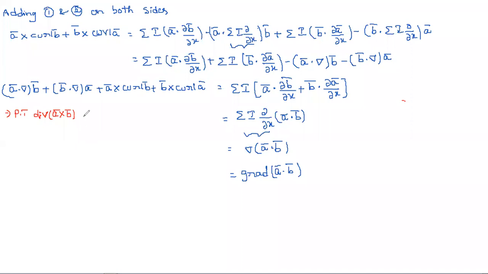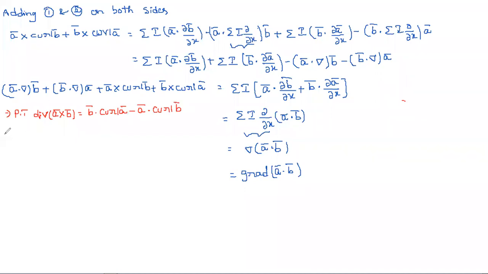Prove that divergence of a bar cross b bar is equal to b bar dot curl a bar minus a bar dot curl b bar.